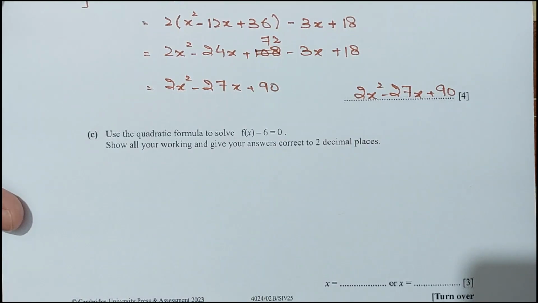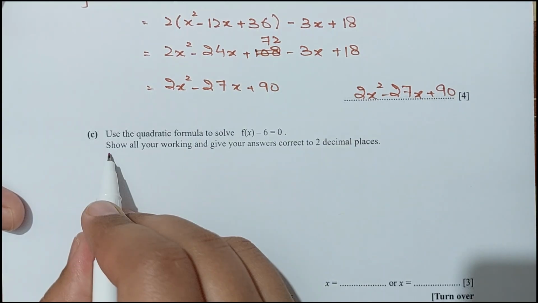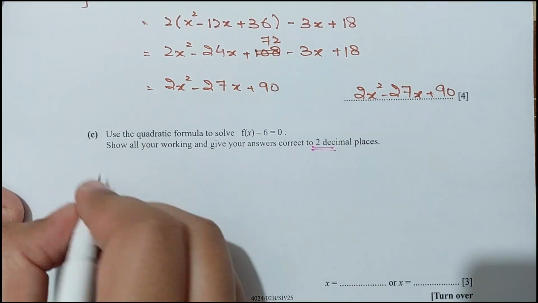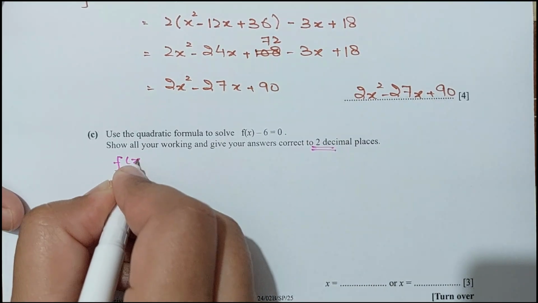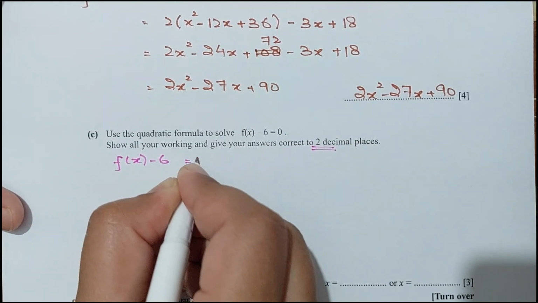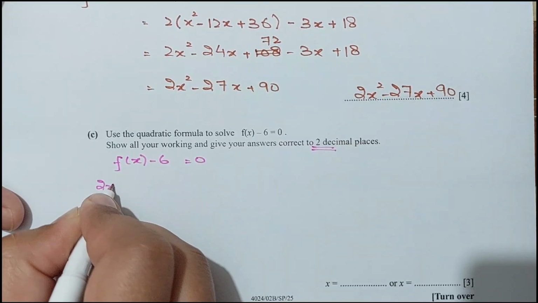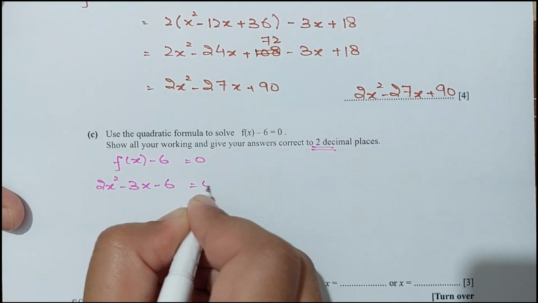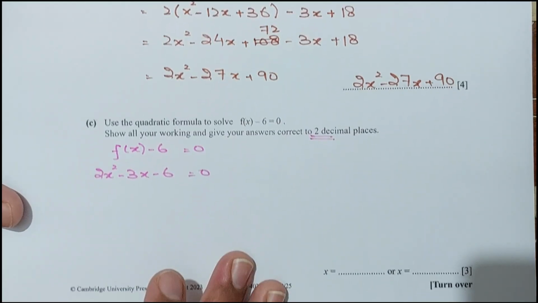Part C, use the quadratic formula to solve f of x minus 6 equals 0. Show all your working and give your answer correct to 2 decimal places. F of x minus 6 equals 0. F of x is 2x square minus 3x minus 6 equals 0. Apply the quadratic formula over here.